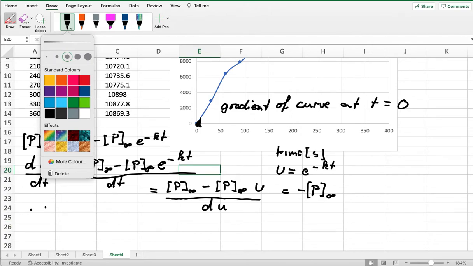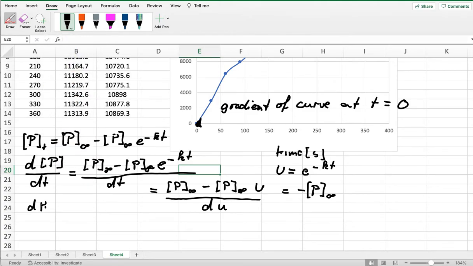How the chain rule actually works, we might have dp over dt, and we can write this as negative p times u over du times du over dt.